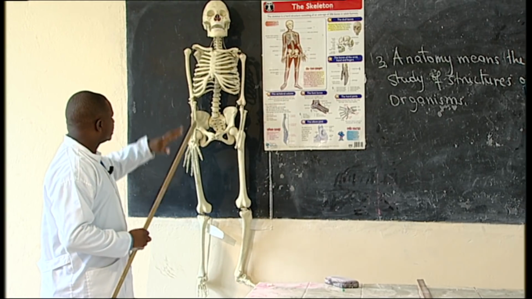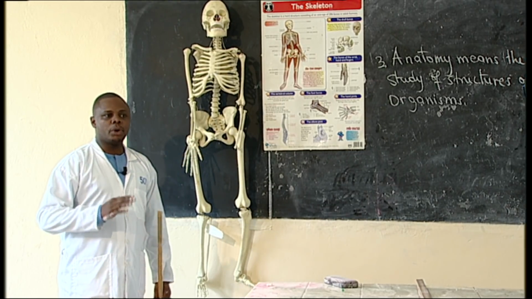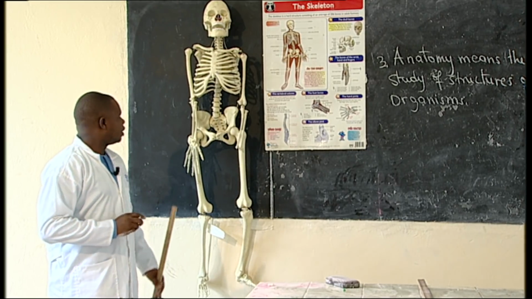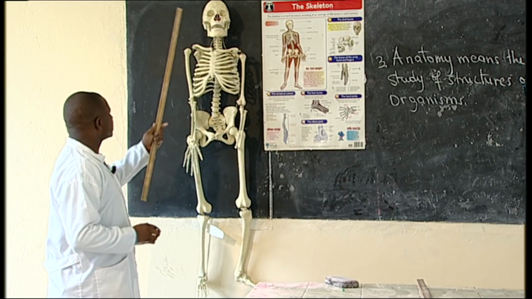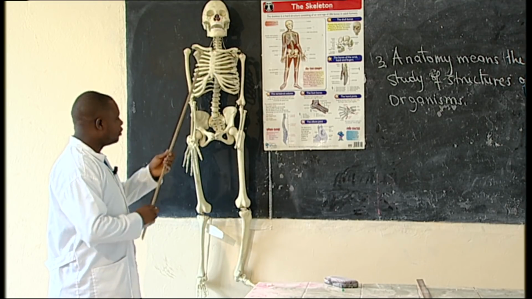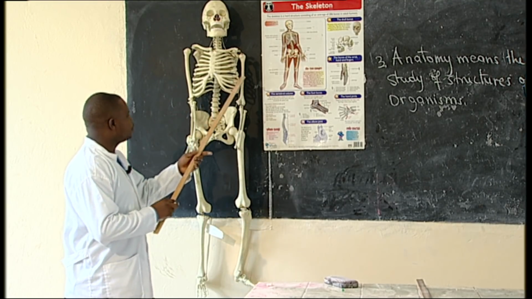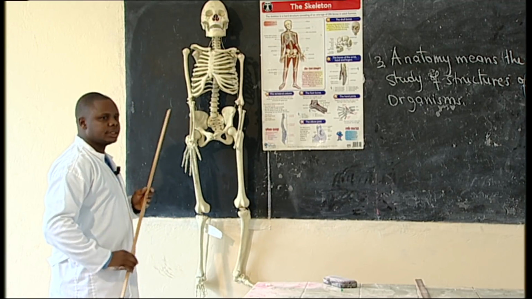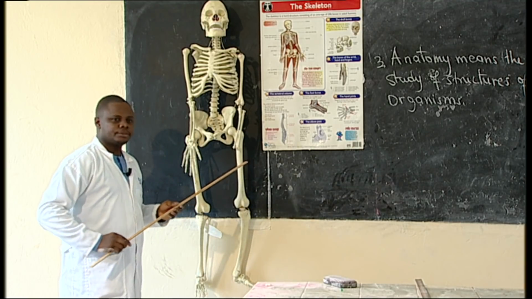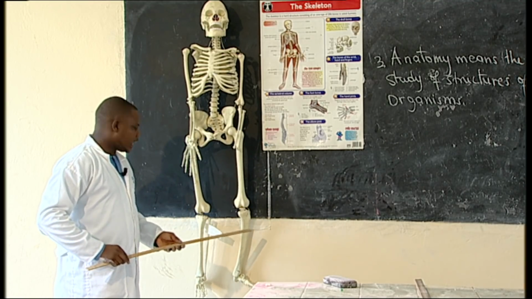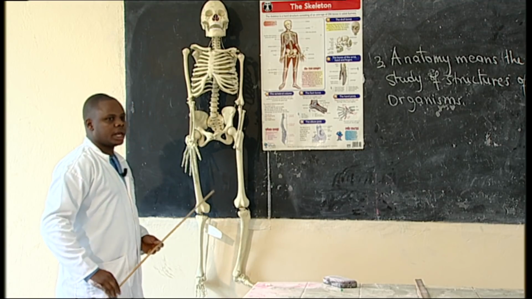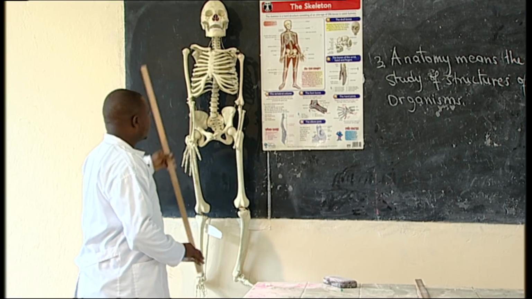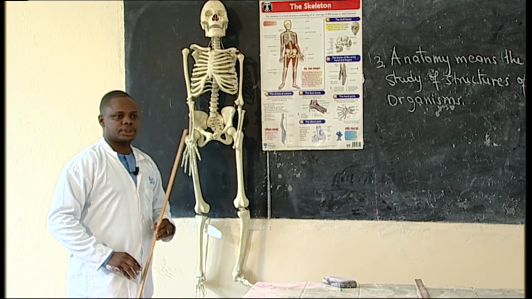This one shows us different bones that make the human skeleton. We can have the skull, ribs, the humerus, radius and ulna, femur, tibia, and then behind we have fibula. Those are some of the bones that make this human skeleton.